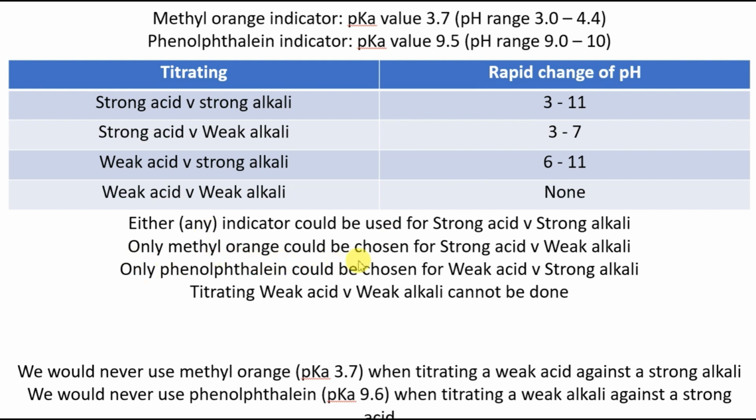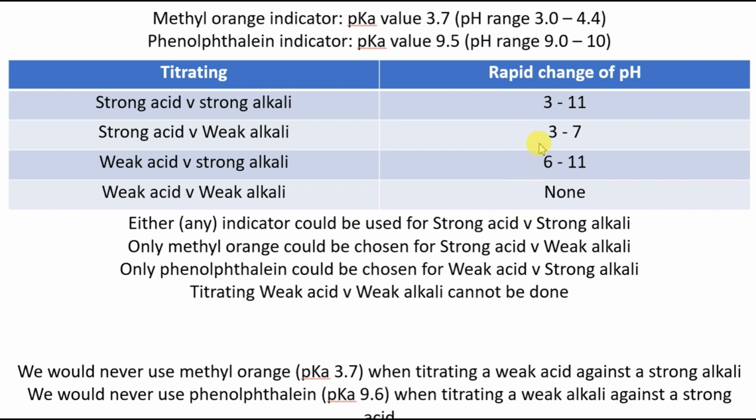Only methyl orange could be chosen for strong acid against weak alkali. If I look at my strong acid against weak alkali, I've got my rapid change in pH, and only methyl orange would show its endpoint color within that range. Only phenolphthalein could be chosen for weak acid against strong alkali.